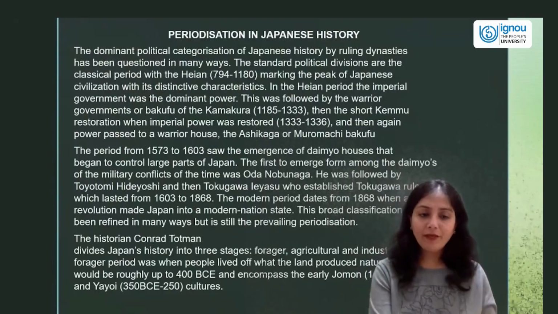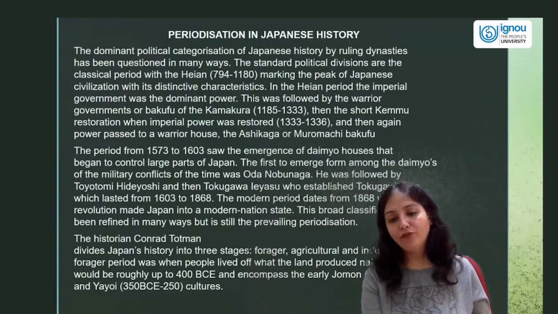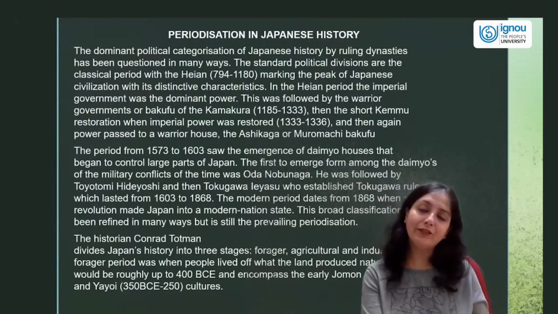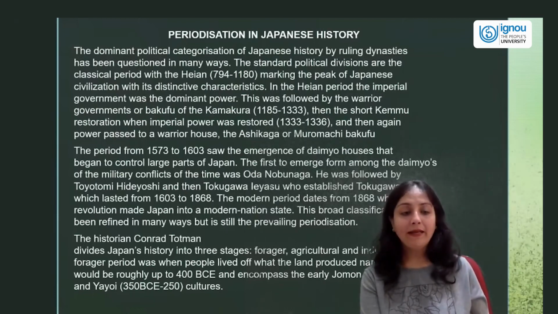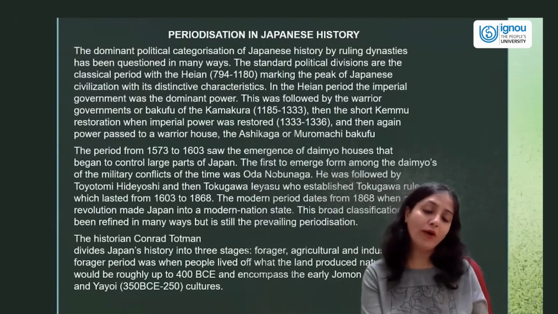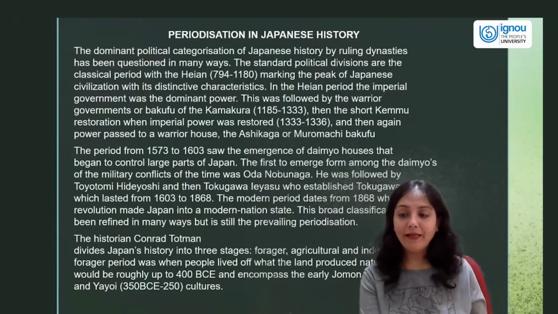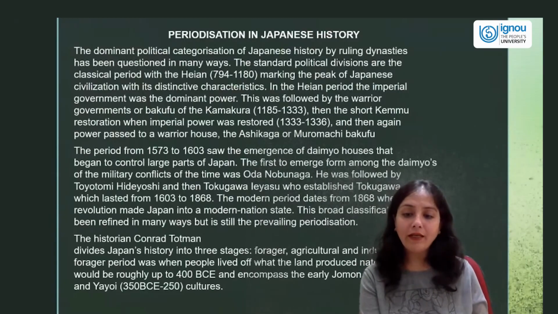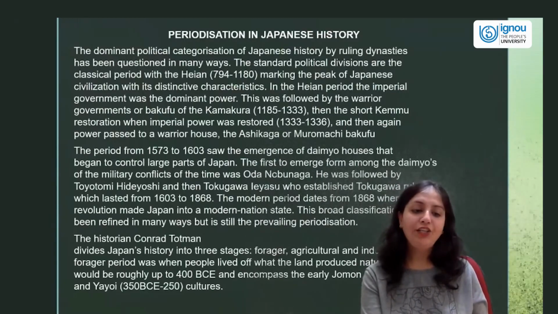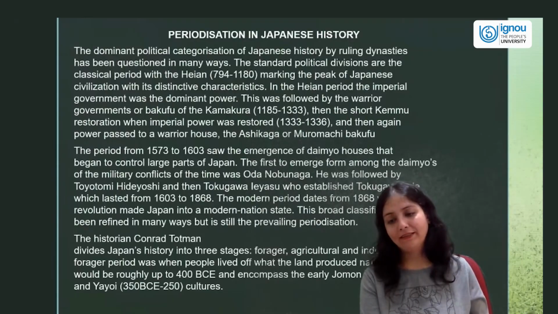The forager period was when people lived off what the land produced naturally. This would be roughly up to 400 BCE and encompass the early Jomon and Yayoi cultures.